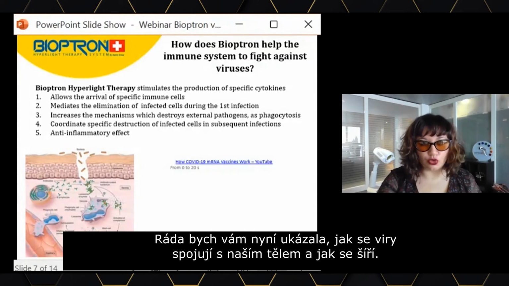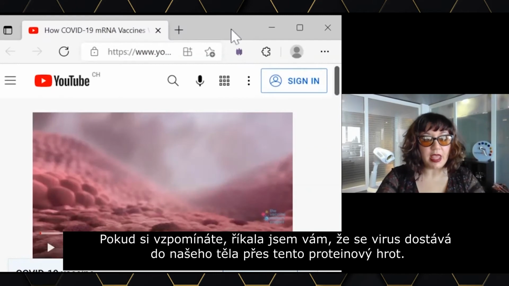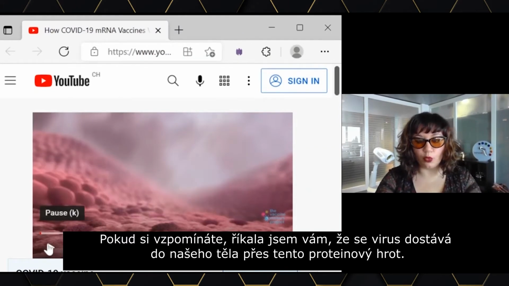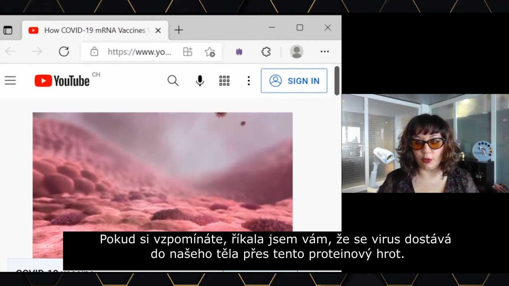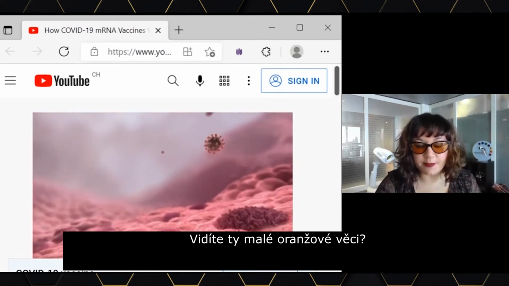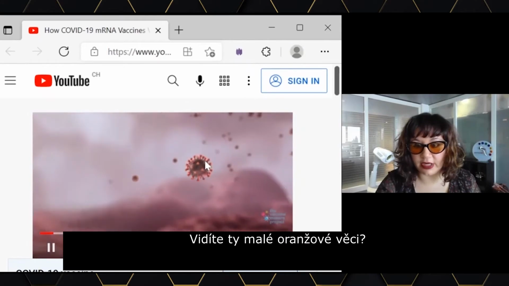Something that I would like to show you now is how these viruses are connecting with our bodies and how this is spread. If you remember, I told you that when the virus is entering our bodies, it has this spike protein. Do you see these small orange things?